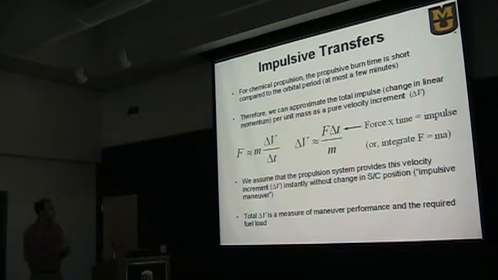So here's my slide with impulse. If I just look at F equals ma, and I look at acceleration as approximately change in velocity over change in time, that's like a derivative of velocity, which is acceleration. F equals ma. Now solve that for the delta V. Force times delta time, that is impulse, divided by mass. So it's like impulse per unit mass.